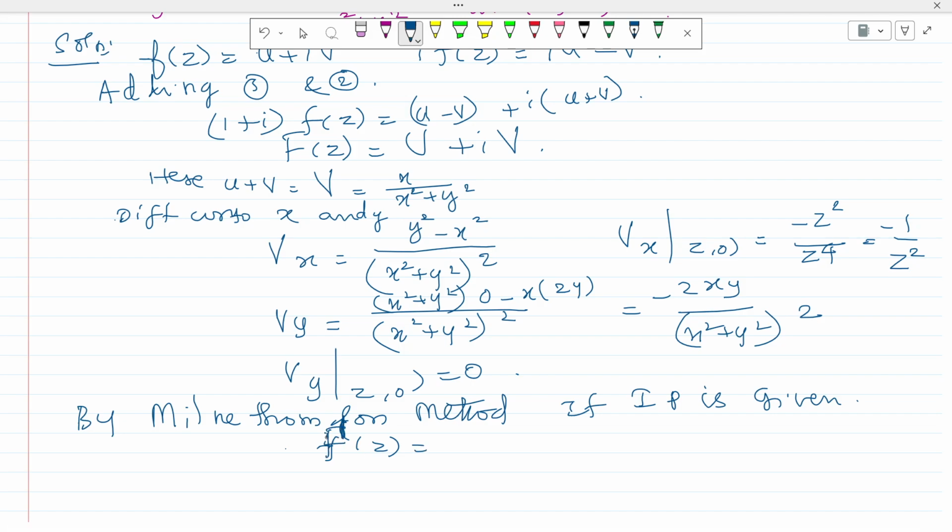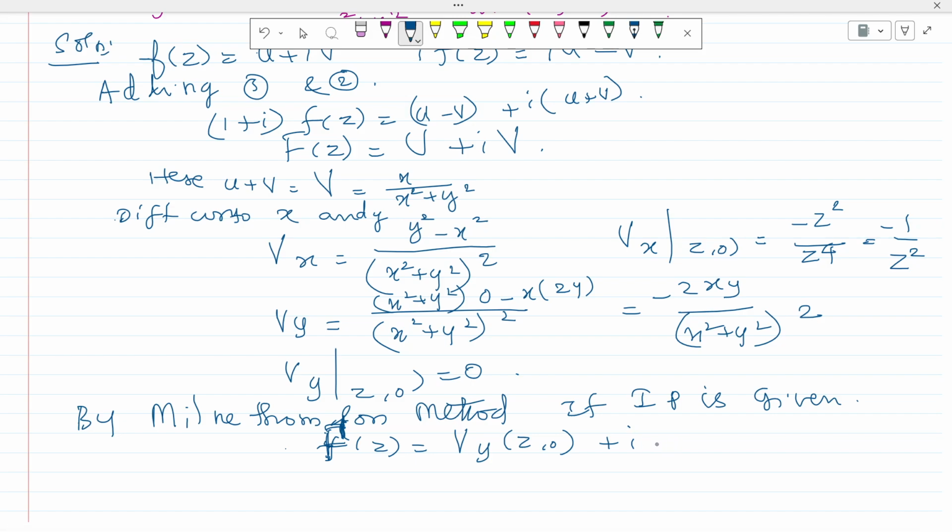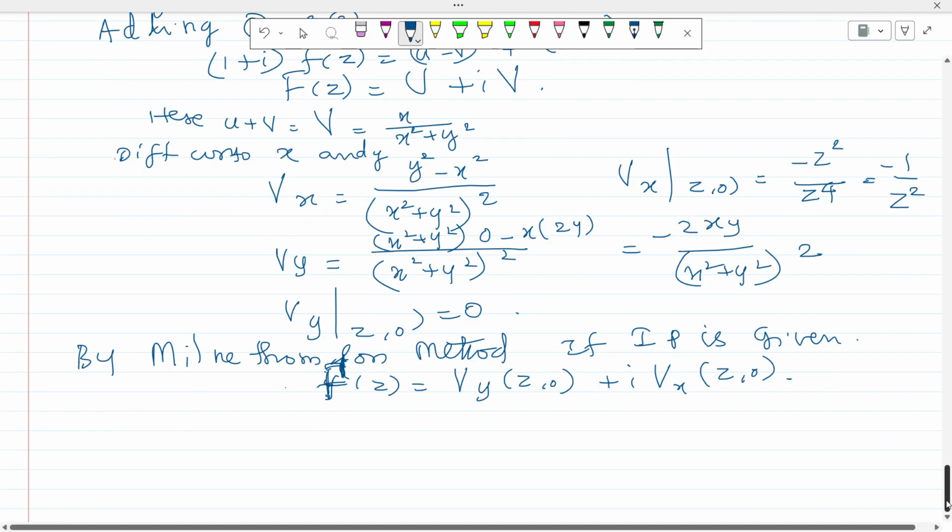F dash of z equals Vy of (z, 0) plus I into Vx of (z, 0). This is the formula.